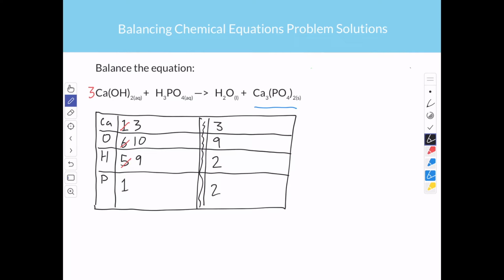Alright, so we've got our calciums balanced. Let's balance our phosphorus next. We have 2 phosphorus here, and we want to get 2 here, so let's change this to a 2.